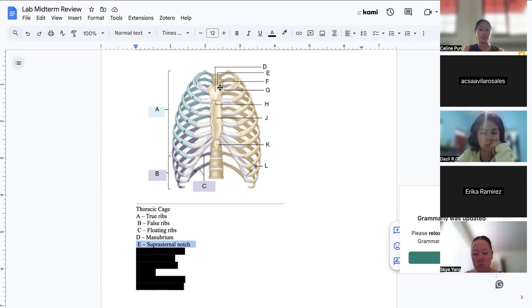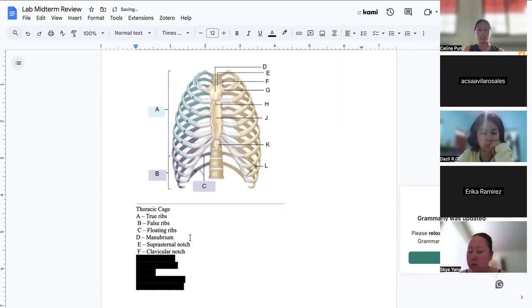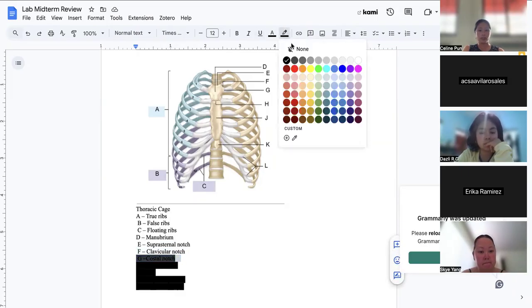F is this part right here. That is a clavicular notch. Remember your clavicle, your collarbone where you could palpate? It connects directly onto the clavicular notch. And then G is where your ribs connect. And that is your costal notch.